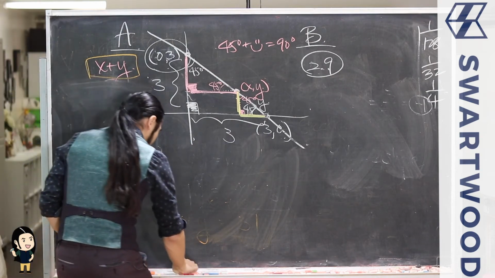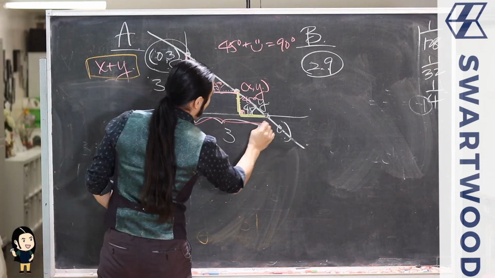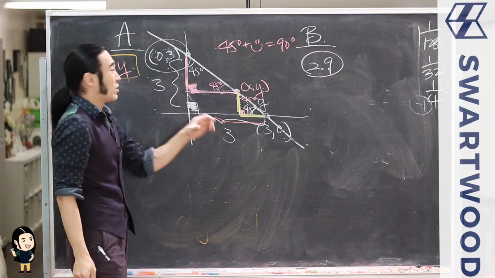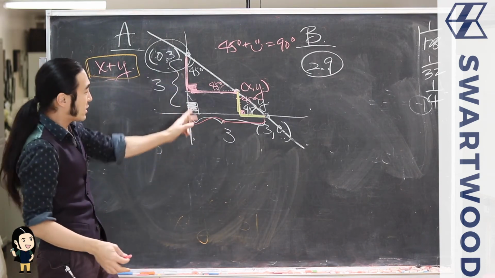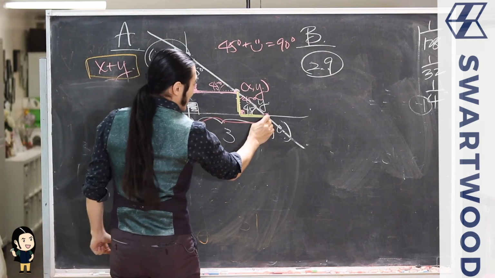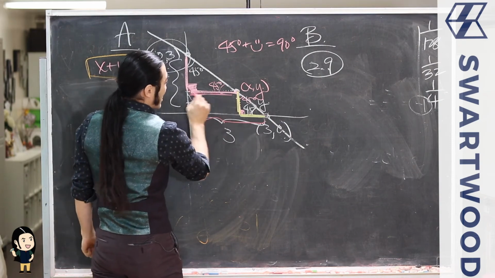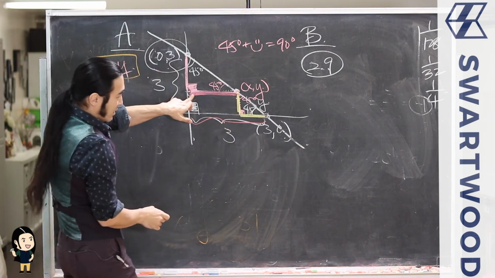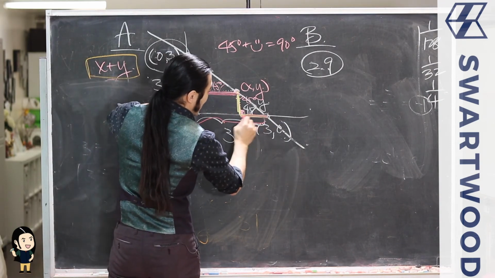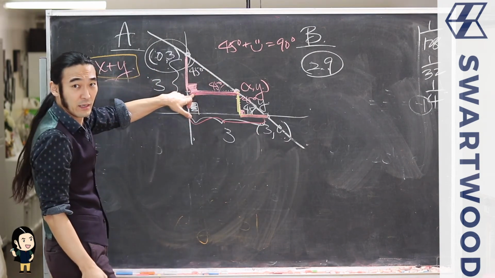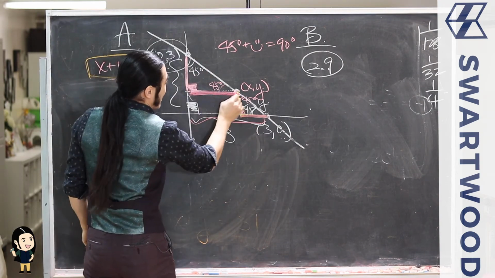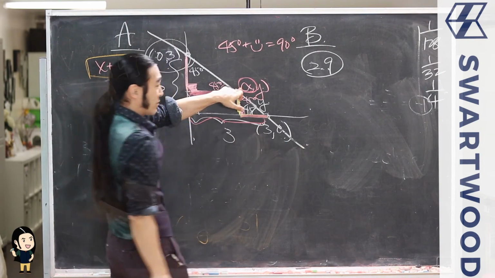But you know the total distance from left to right is 3, or up and down. It doesn't matter which way you want to do it. So I'm going to walk left to right. So the total distance from left to right is 3. That means this length right here plus this length right here is 3, right? Okay, but what is this length? This guy corresponds to this coordinate, right? Okay, but what about this?